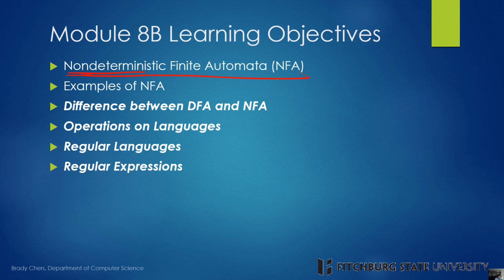And then we're going to talk about all these various different operations on languages. Remember, a language is a subset of sigma star. So if you cannot remember this, just go back to the previous module and review it. And then we're going to talk about regular languages and also the regular expressions.